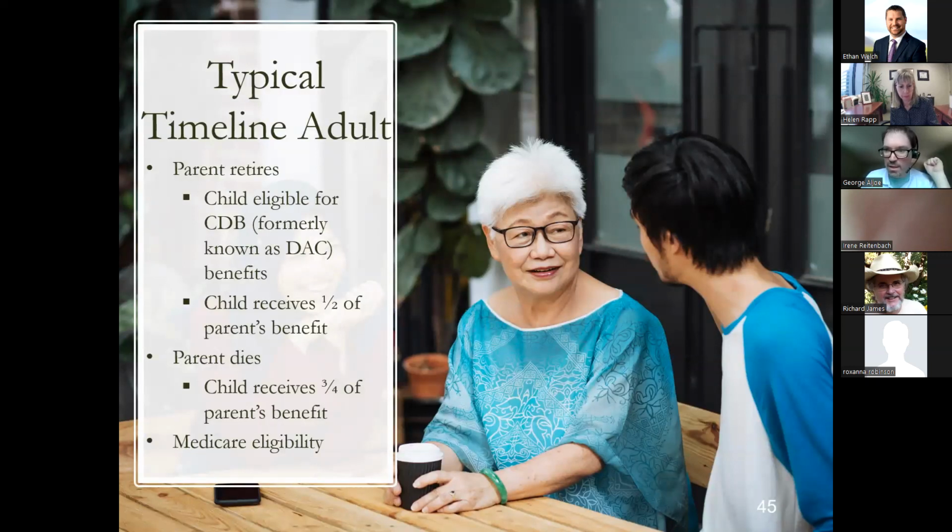Then further on down the line, and we've talked about this a couple of times now, when the parent passes away or retires, if that disabled child is a disabled adult child, a DAC beneficiary, they move over from SSI to SSDI. They receive a portion of their parents' benefits.